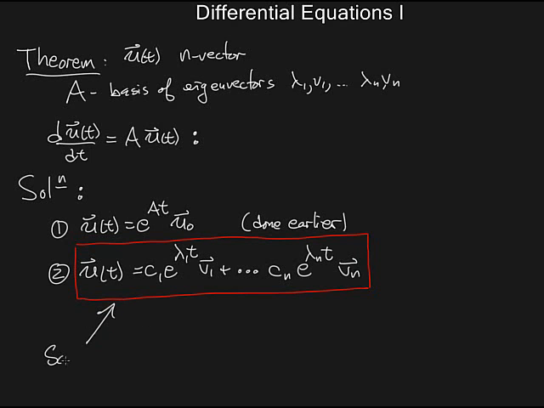So it's an arbitrary linear combination of the eigenvectors with these exponentials in front, e to the lambda t, where the lambdas are the eigenvalues. So obviously these eigenvalues are going to play an important role in the behavior of this differential equation. That's enough for now, and I'll talk more about this next time.